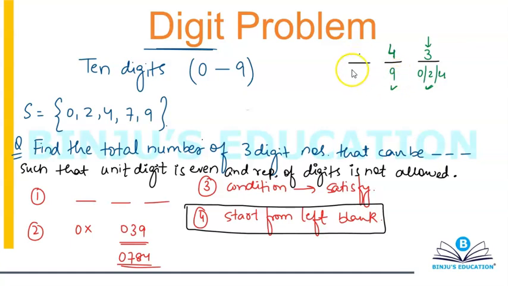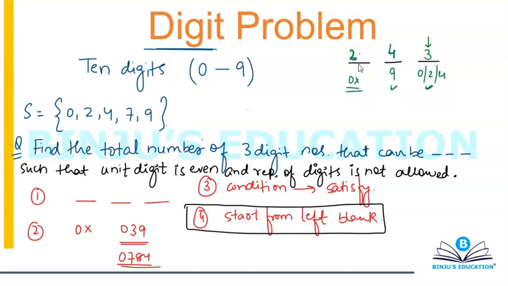Now 0 cannot come at the first place because then it will not be a 3-digit number. Now you haven't used 0 at the last place, or you haven't used 0 at the second place, and you can't use 0 at the third place, which means 0 has not been taken into consideration. Now 0 cannot be used, which means I'll have only 2 possibilities.